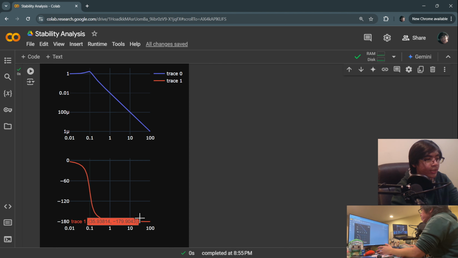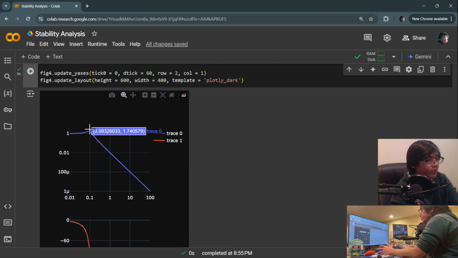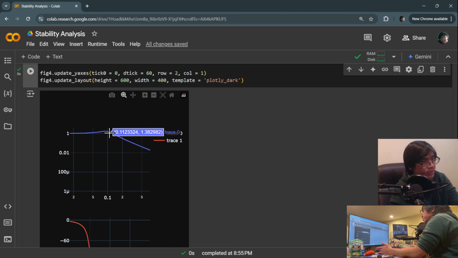We wouldn't oscillate since we can't reach that -180 degrees, but you can have an infinite amplitude ratio blowing up if your angular frequency matches this, or, sorry, let me reword that once again. Your amplitude ratio can blow up to infinity at this 1 over tau angular frequency, since it matches the natural frequency of the system.